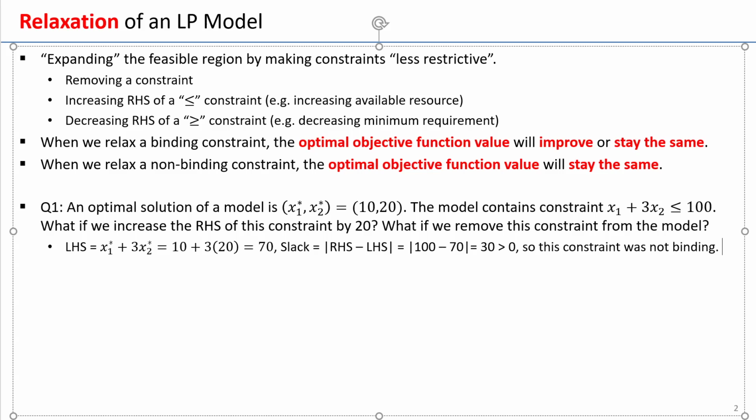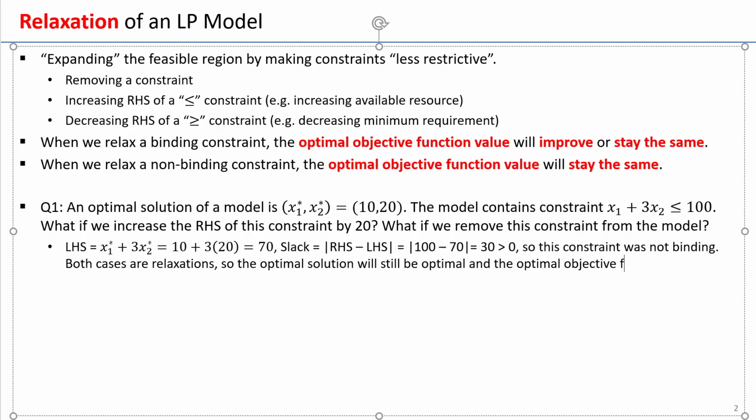So we could say that both cases that we're asking about here are relaxations, right? So now the optimal solution will still be optimal, and the optimal objective function value will not change.